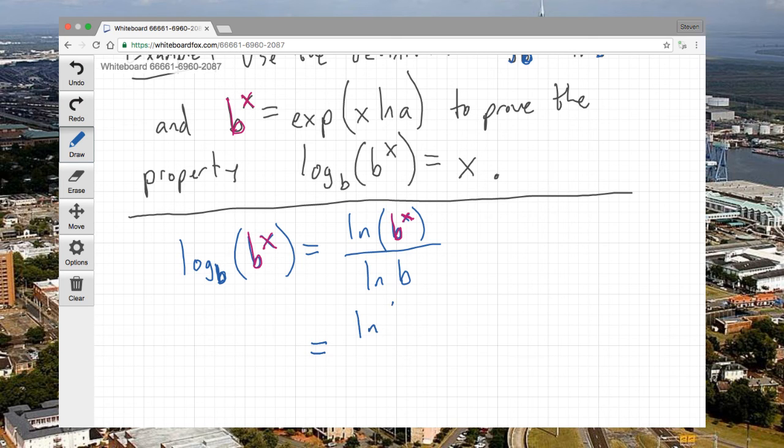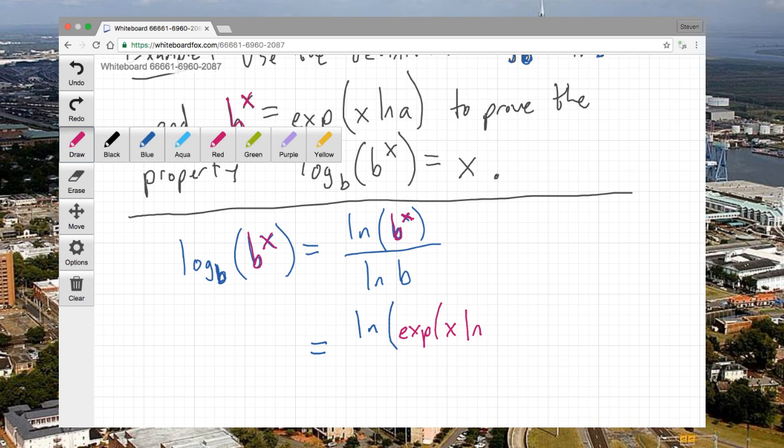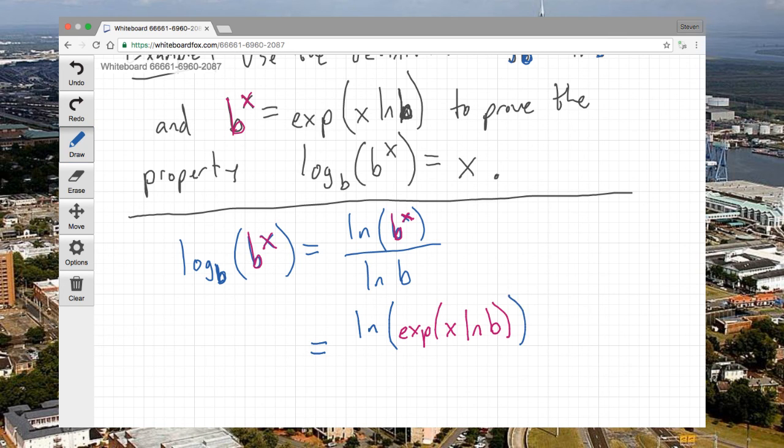And sure enough, b to the x, we can replace that with the exponential function, exp, of x natural log of, and I apologize, a moment ago that was supposed to be a b up here, natural log of b, because in that definition I replaced all my a's with b's. And then we'll divide that by the natural log of b.